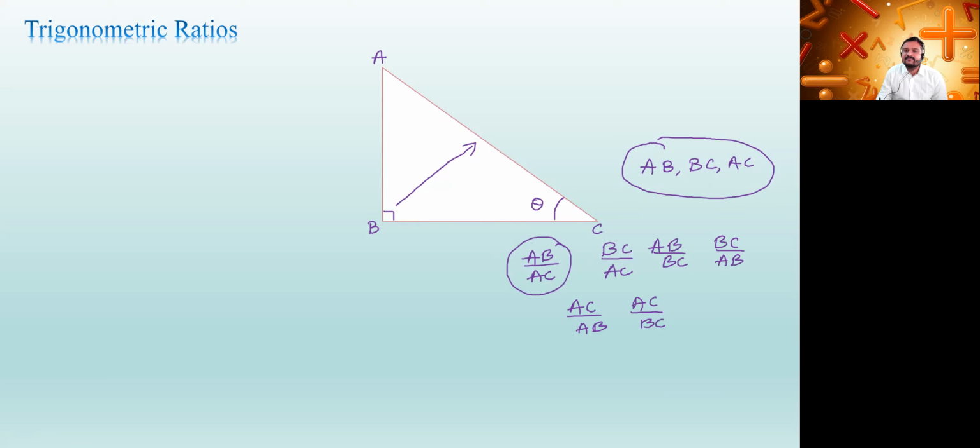So 6 different ratios of these sides we can take. These 6 different ratios of sides are called as trigonometric ratios. Okay, now let's see one by one.